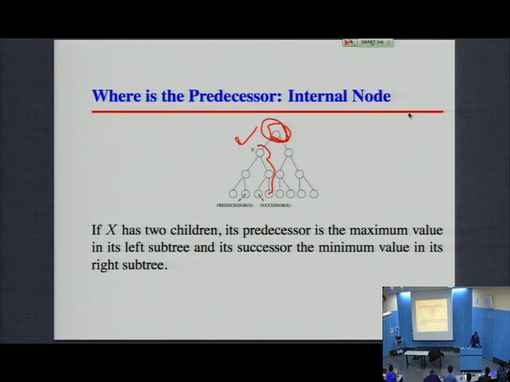So if I was the root, my predecessor is the max of the left subtree, right? My successor is going to be who? Go to the min on my right child. That's going to be this guy over here.